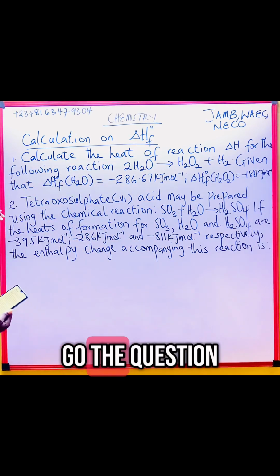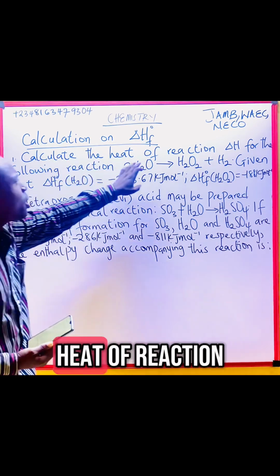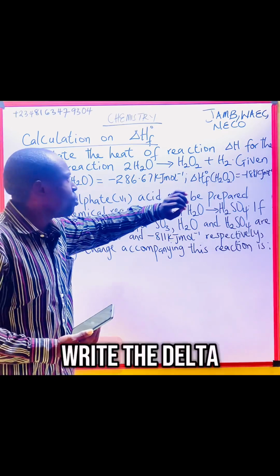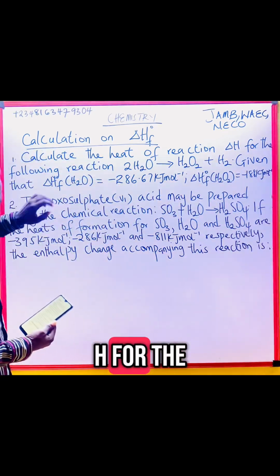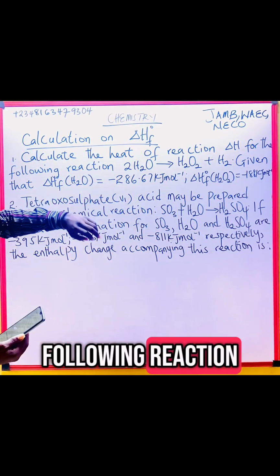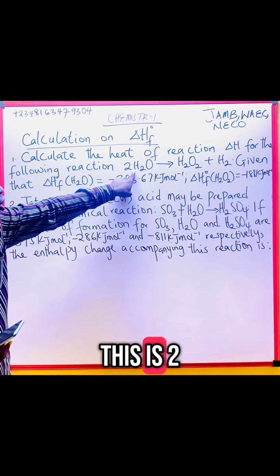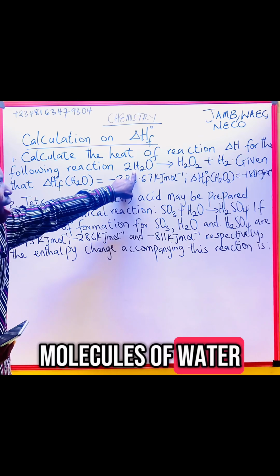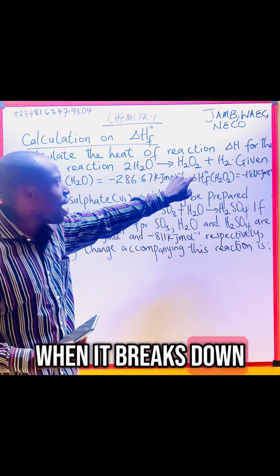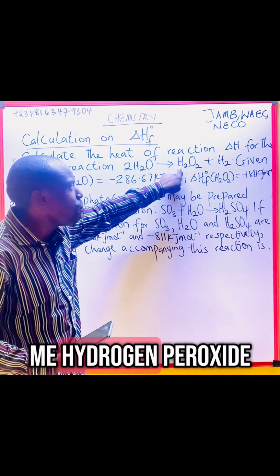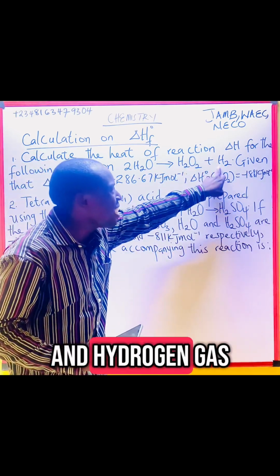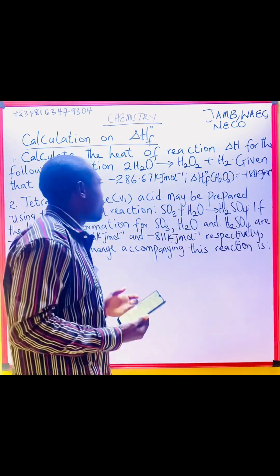Now we go. The question says, calculate the heat of reaction, which is delta H, for the following reaction. As you can see on the board, this is 2 molecules of water. When it breaks down, it will give me hydrogen peroxide, and hydrogen gas is released.